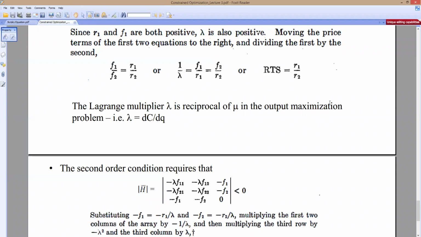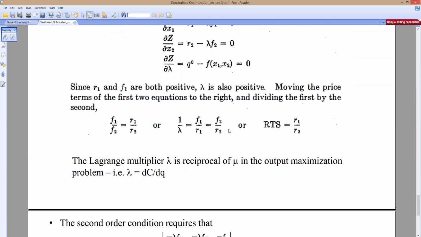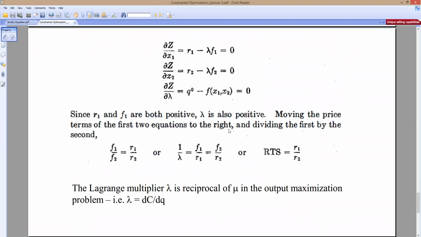So if you are quite comfortable with these positions, in the next step, we will go for bordered Hessian determinant, and we will show an equivalence between the bordered Hessian determinant of the cost minimization and the output maximization. So up to this, if you have any question.